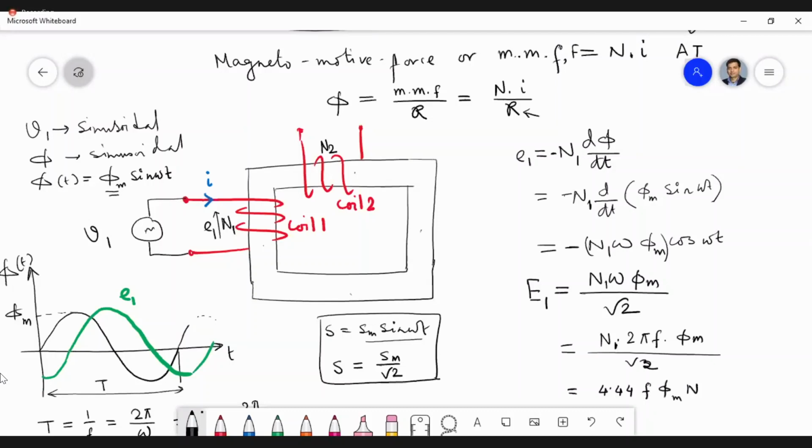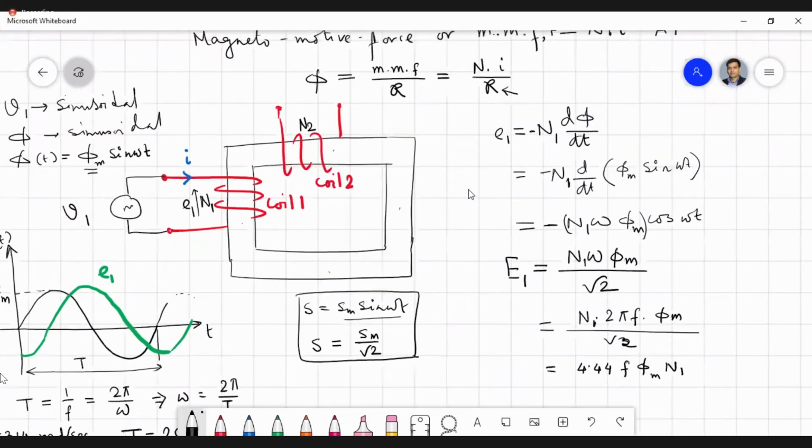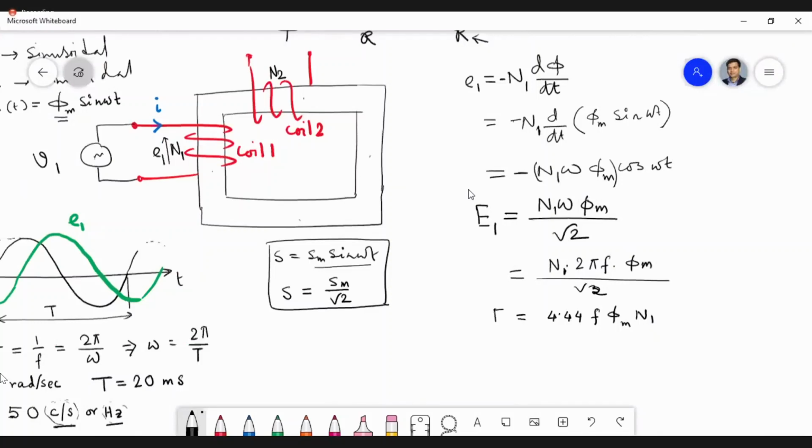Is this clear? So this is how we get the RMS value of the induced voltage. This is a very important expression you should remember.